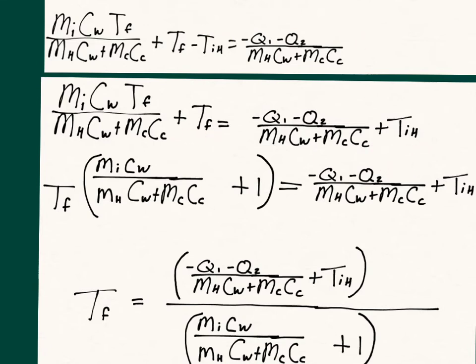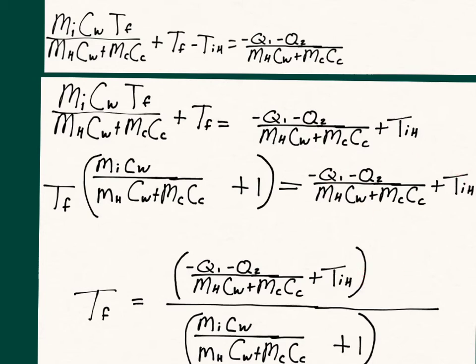And then on this side we have a term with final temperature in it, and both terms have final temperature in them, so I'm going to factor out the final temperature, and we end up with everything on this staying the same except the final temperature is gone, plus 1. So if we multiplied this final temperature onto both terms, it would equal this. So we factored it out. Nothing changed over here.